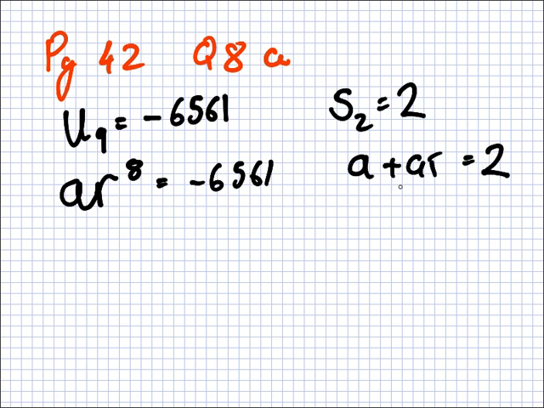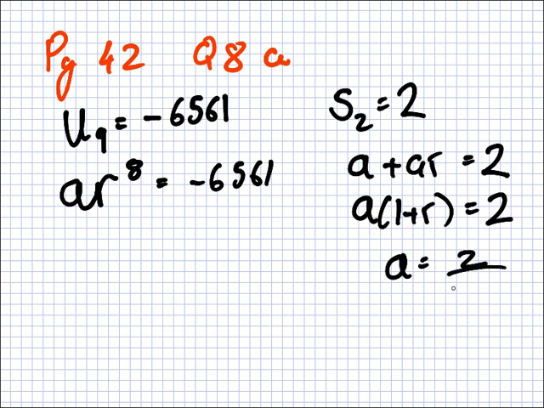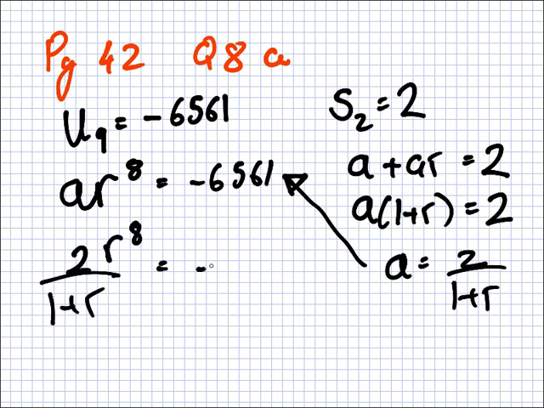What I'll do next is change this into A times 1 plus r equal to 2. Then I have A equal to 2 over 1 plus r, and I can sub that in there. I'll replace the A with 2 over 1 plus r, times r to the 8, equals minus 6561.